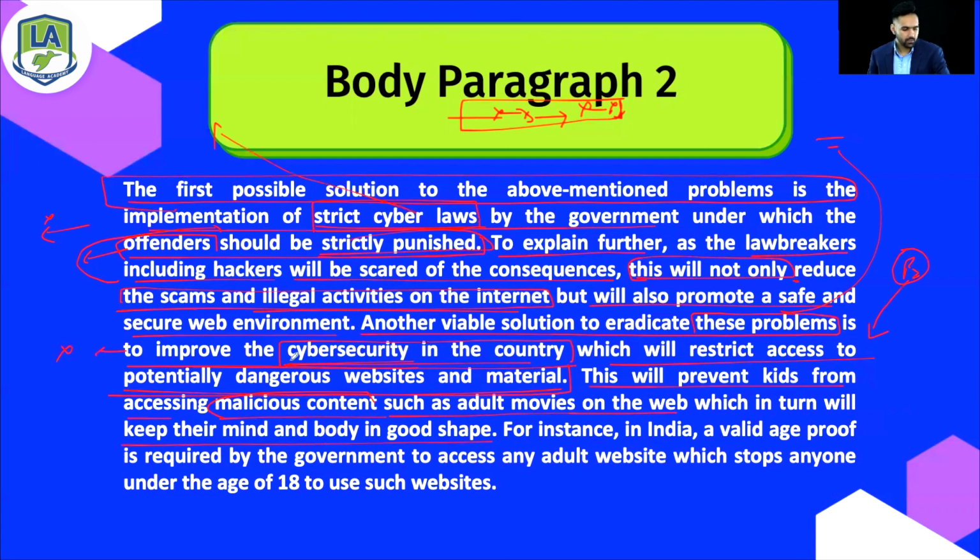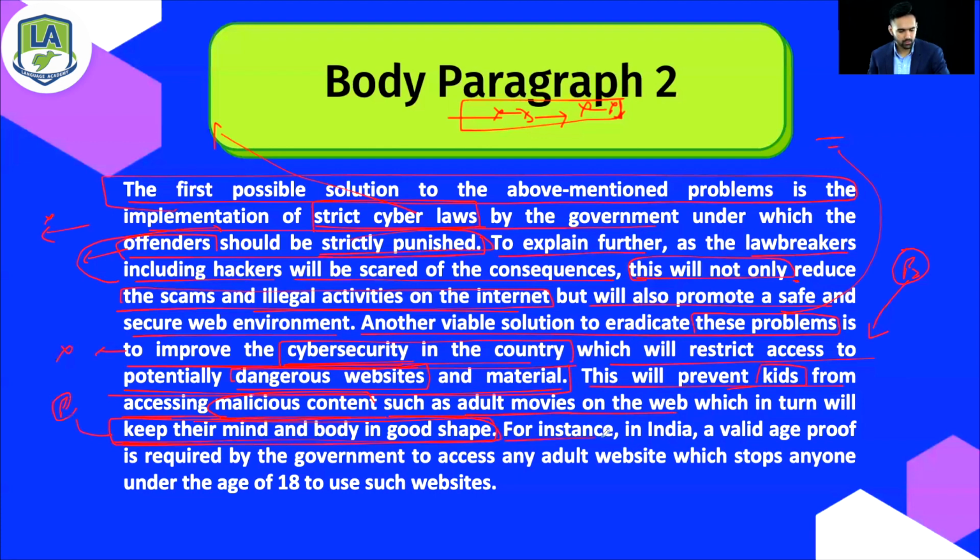And when cyber security is improved, wrong websites or dangerous websites will be blocked, which will stop kids from using that particular content, and will keep their mind and body in good shape. Why have I used this particular phrase? Because in the problem we talked about deep mental impact. So we have a solution to solve the problem.